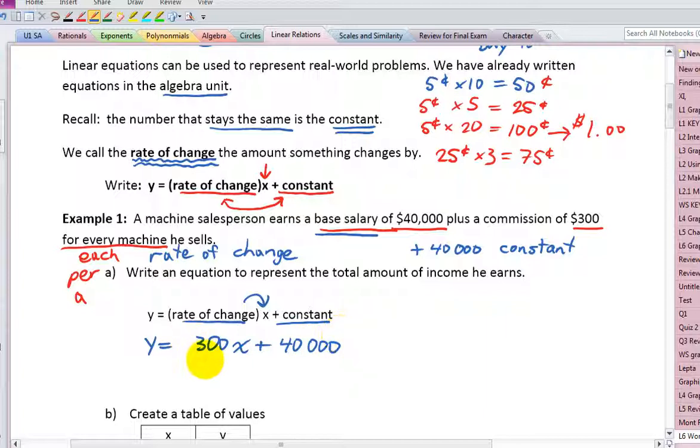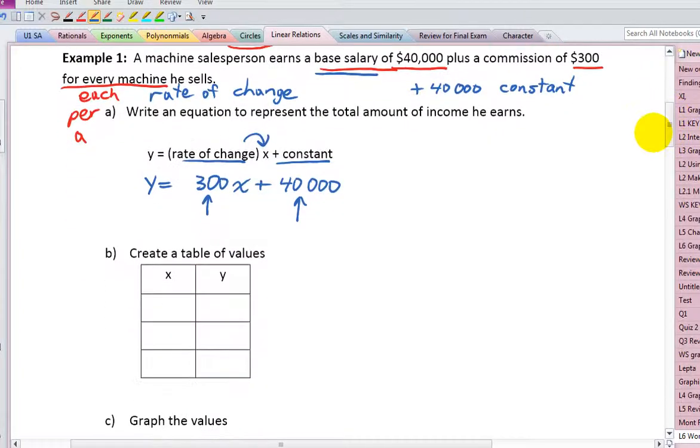Okay, here we have our rate of change, 300. Here we have our constant, 40,000. So what if he doesn't sell any machines? Could Mr. Smith please contact the office? Mr. Smith will call the office. If he doesn't sell any machines, in other words, x is 0, how much will he get paid? Well, no matter what, he gets paid $40,000.